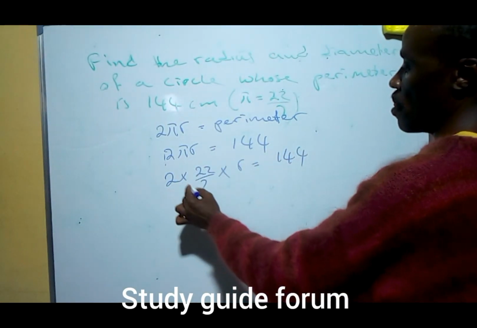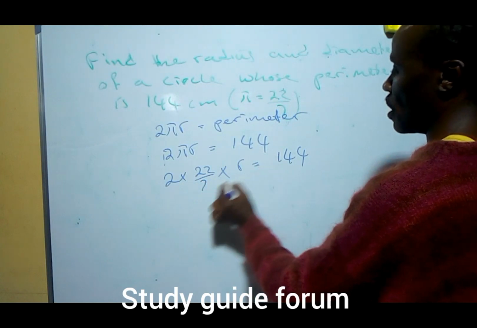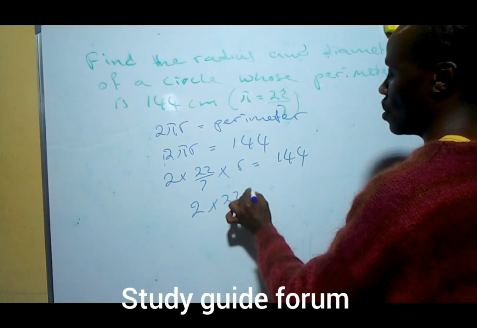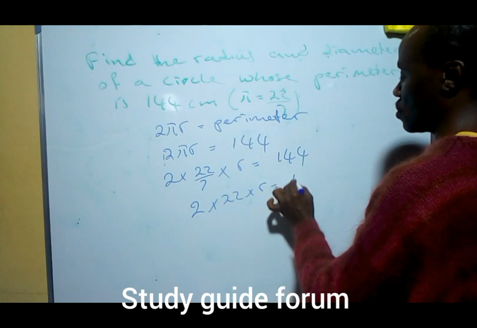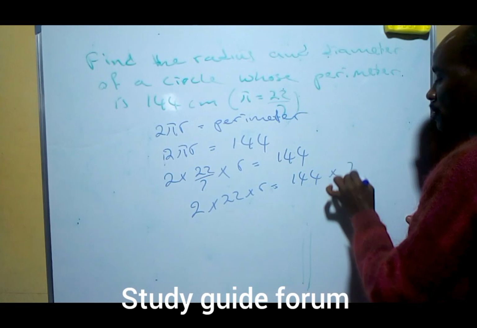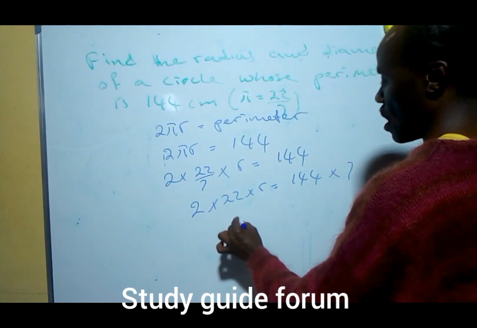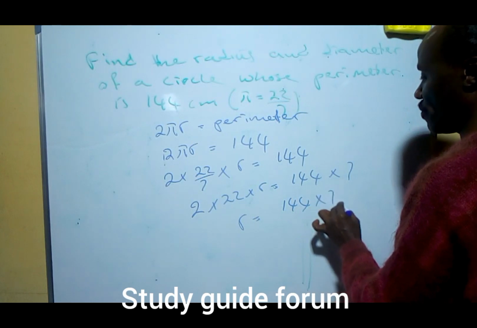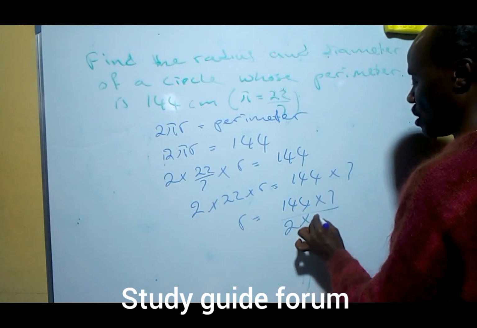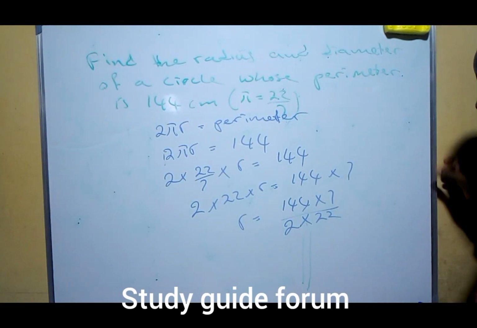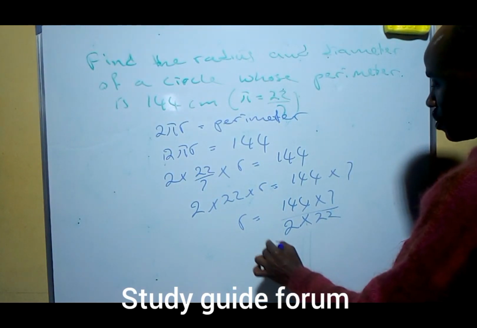So multiplying through, we have 2 times 22 times r equal to 144 times 7. So r will then be 144 times 7 all over 2 times 2 times 22.